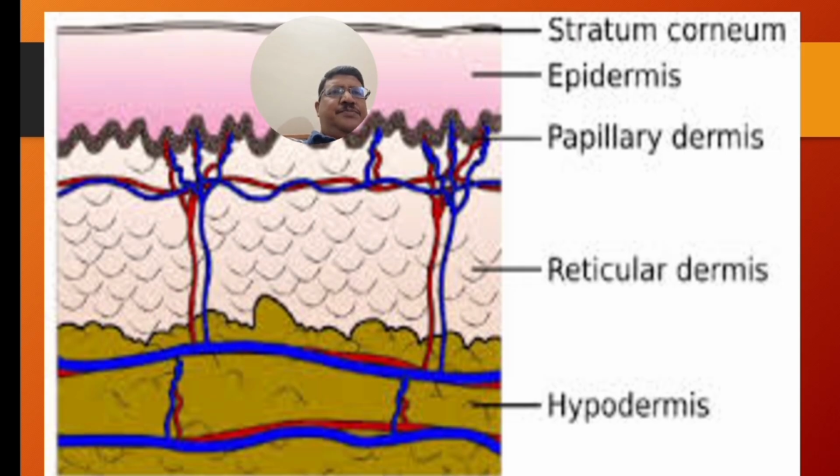So these are the structures and layers of the dermis, that is stratum corneum, epidermis, papillary dermis, reticular dermis and hypodermis.